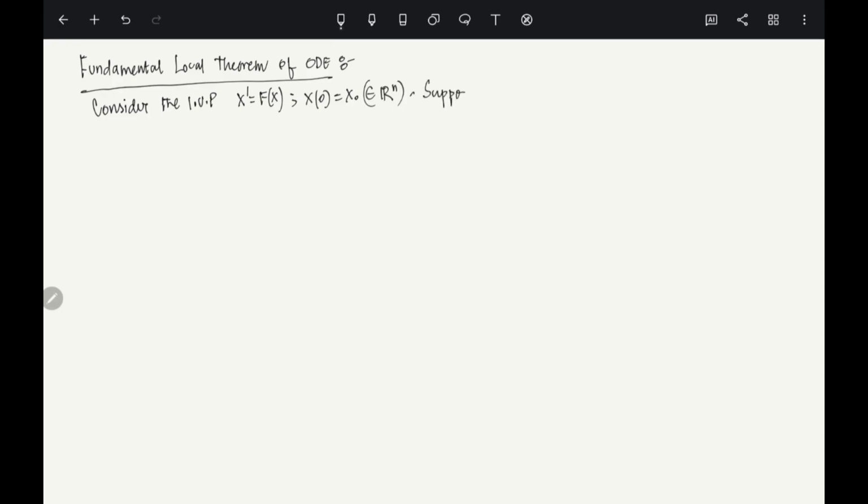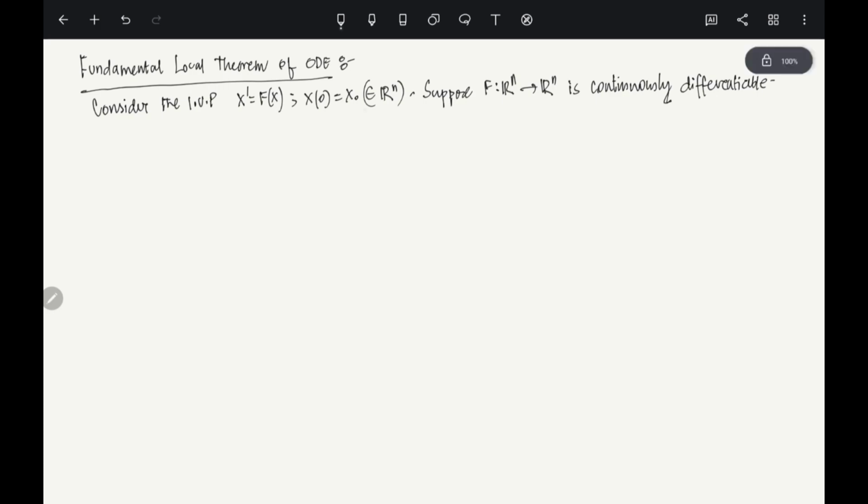Suppose, and this is the condition which we need, f from Rn to Rn is continuously differentiable. So f is a vector field which is continuously differentiable. Basically it means the first order derivative exists and is continuous. So this is the only condition.